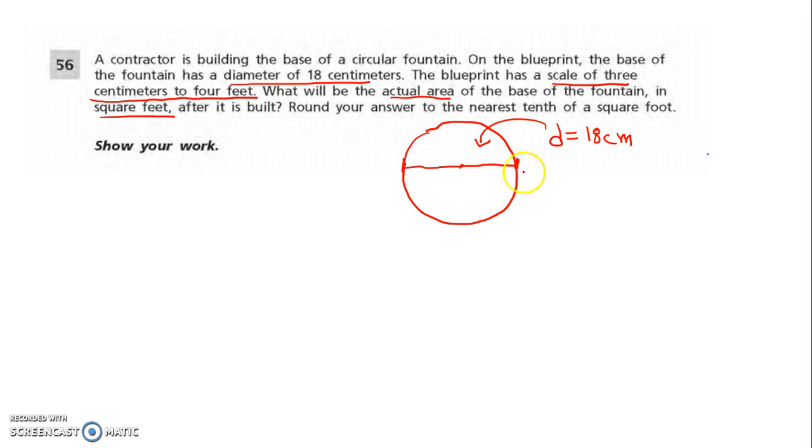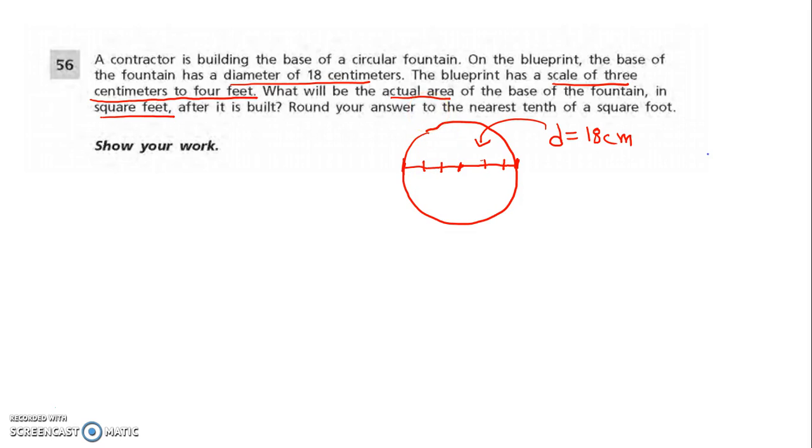Okay, first of all, if the entire diameter is 18, then we know the radius is 9. I'm going to do a few items here. I'm going to just show you in the picture how many feet we're actually talking about. Because if I took my picture and I broke it into 6 parts, 1, 2, 3, 4, 5, 6.